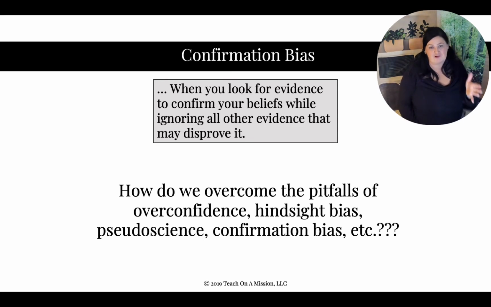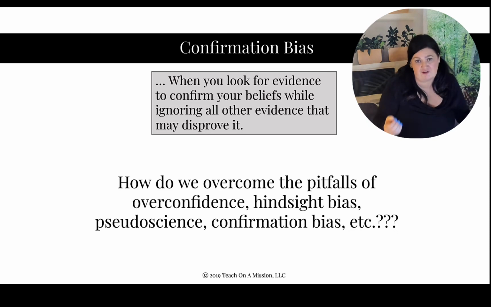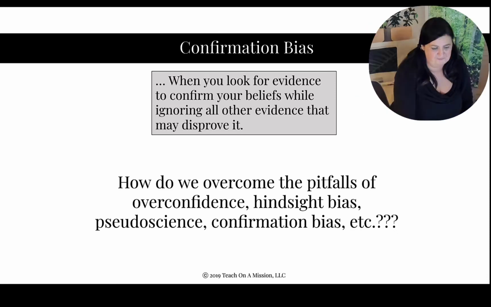This could be in research, but it also happens in everyday conversations or disagreements or arguments that we have, or even just friendly discussions that you're having with a group of friends. And I want you to write this part down, it could be either intentional or unintentional. And subconsciously, you just don't even see the facts as they are, or hear it or experience it if it disproves your belief or the thing that you're trying to research.